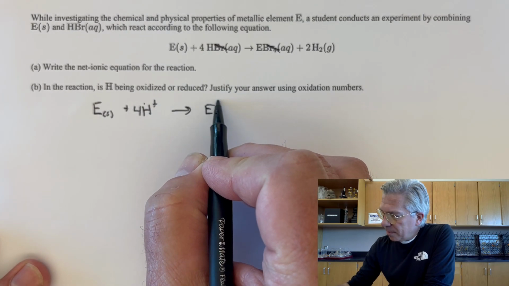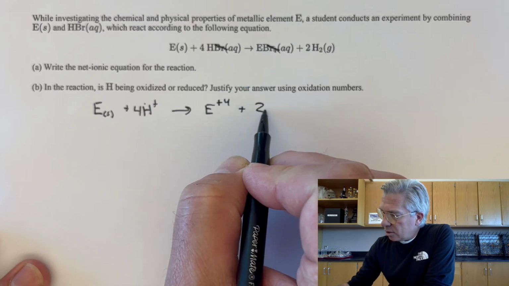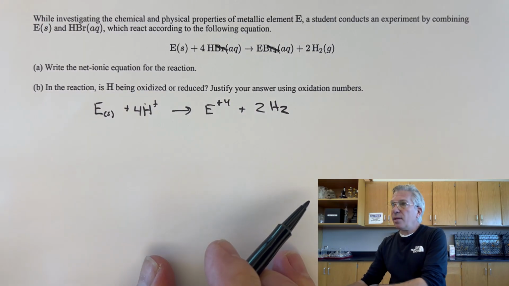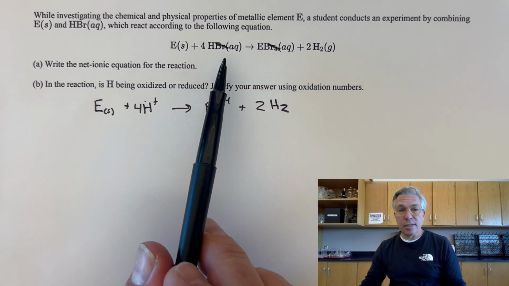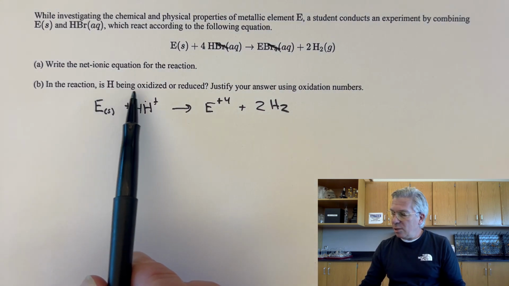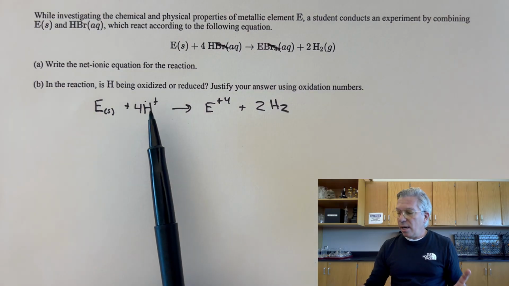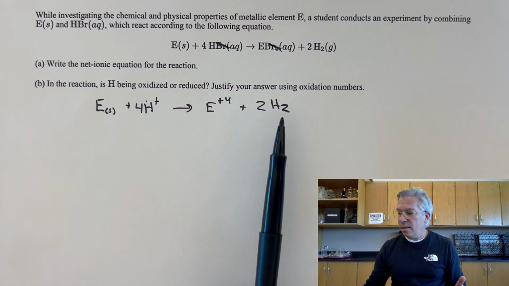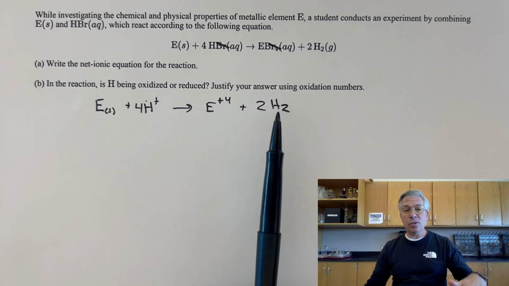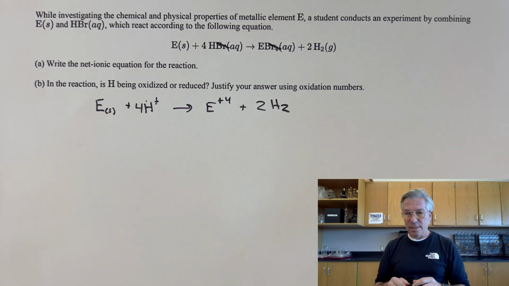That's a spectator. E becomes +4, and 2 hydrogens is my net ionic equation. Get rid of the spectators. In the reaction, is H being oxidized or reduced? Justify your answer using oxidation numbers. Hydrogen is going from +1 down to 0, so that is being reduced from +1 to 0.